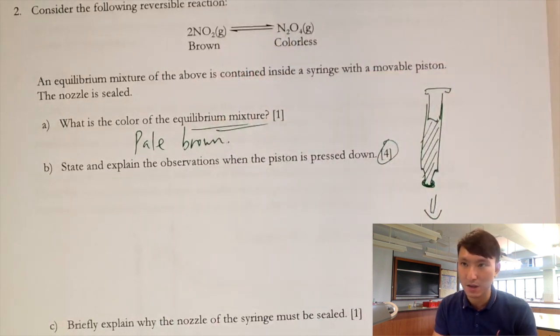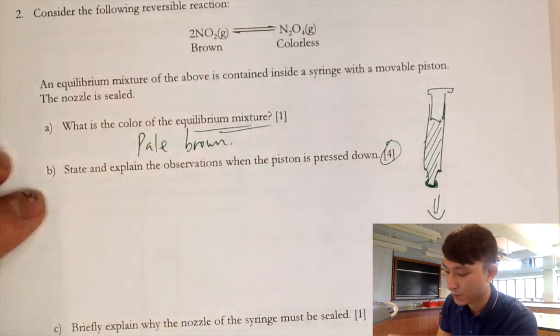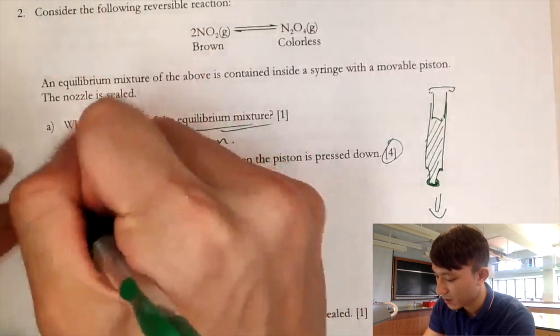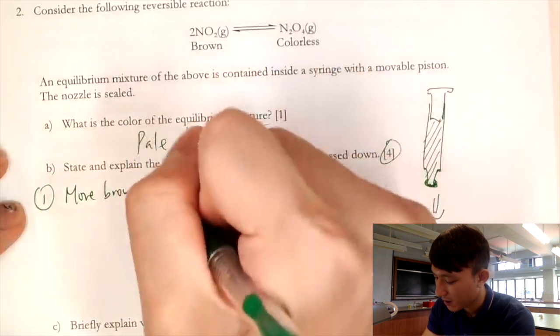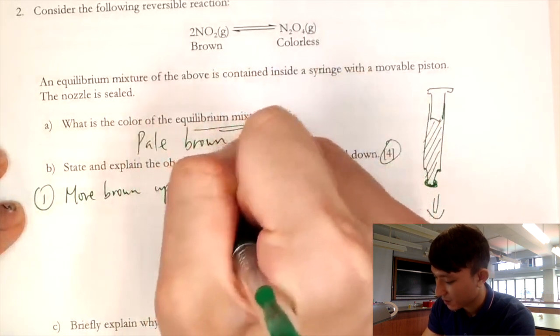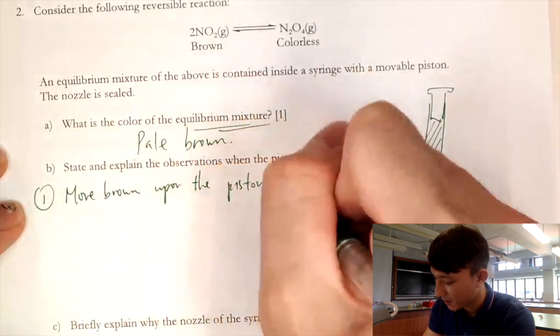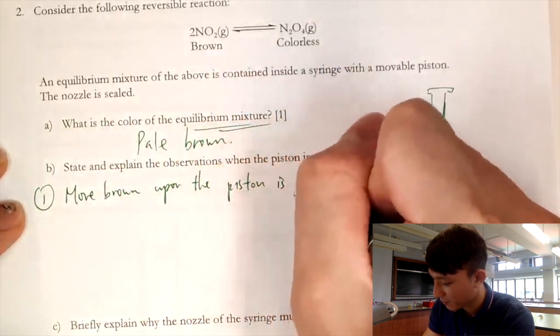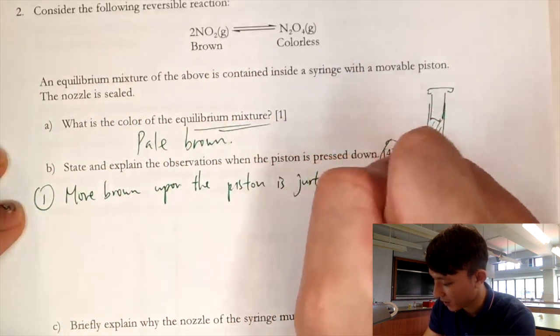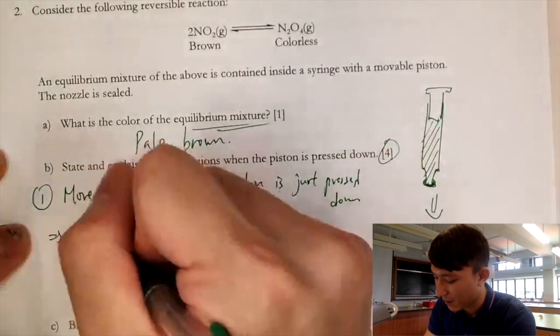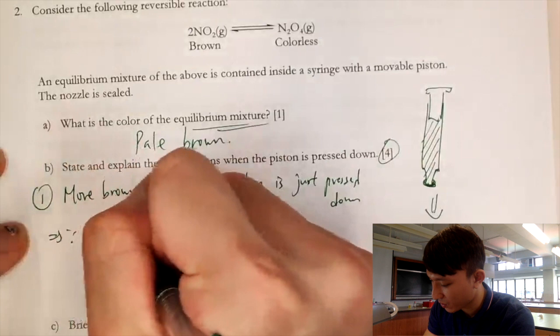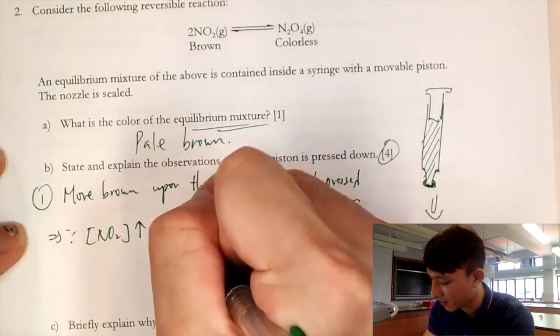If the brown thing becomes more closely packed, they appear more brown. So the first observation is more brown upon the piston being pressed down, because the concentration of NO2 increases immediately.